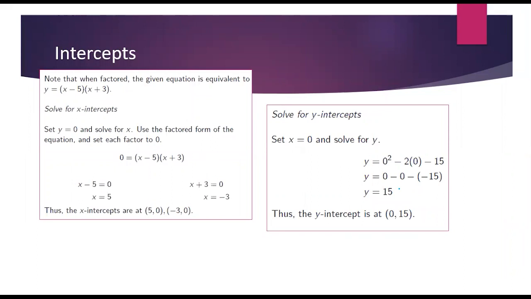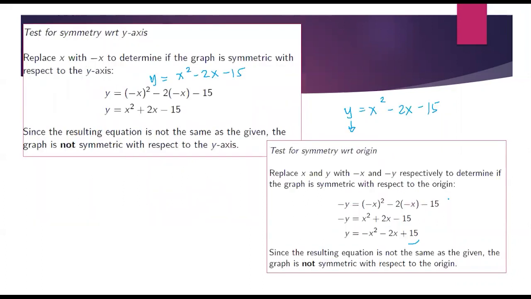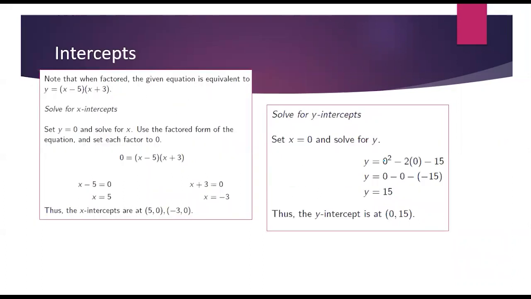Note that we are given y is equal to x squared minus 2x minus 15. This one is actually factorable on the right side.